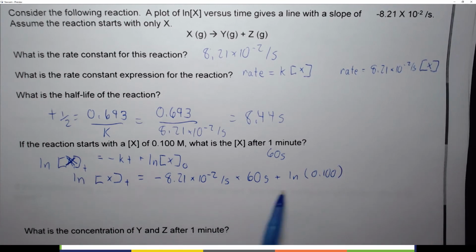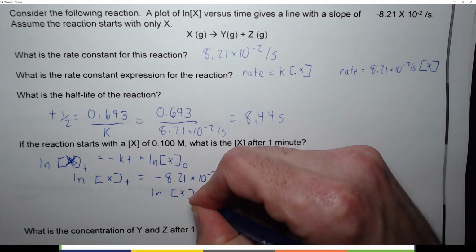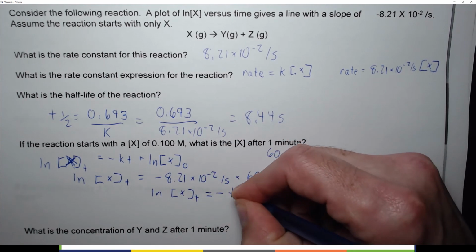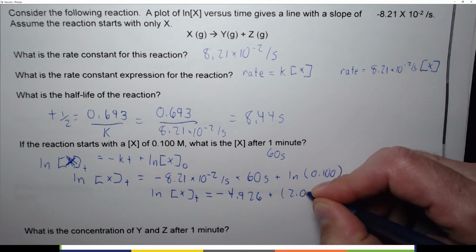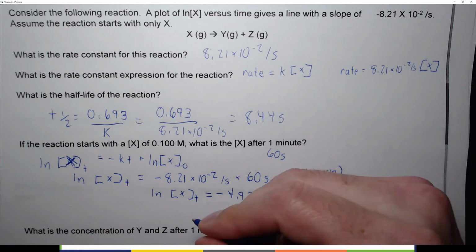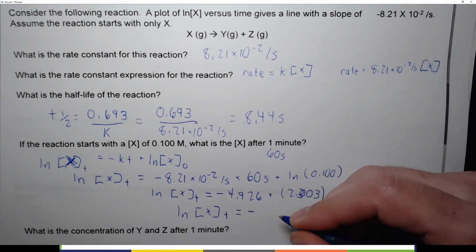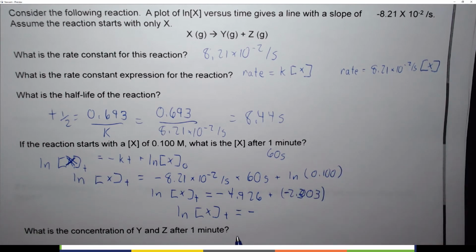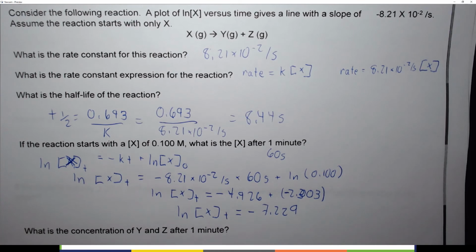Simplifying this, I multiply these two numbers and take the ln of the other number, and I get the ln of X at some time equal to negative 4.926 plus negative 2.303, which gives negative 7.229.